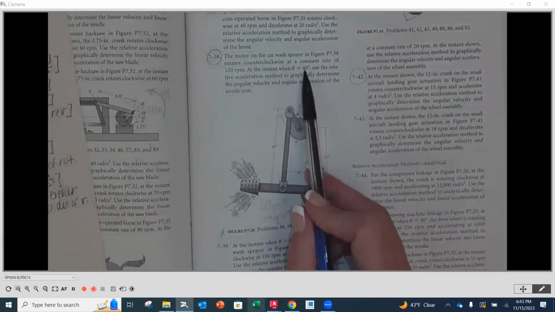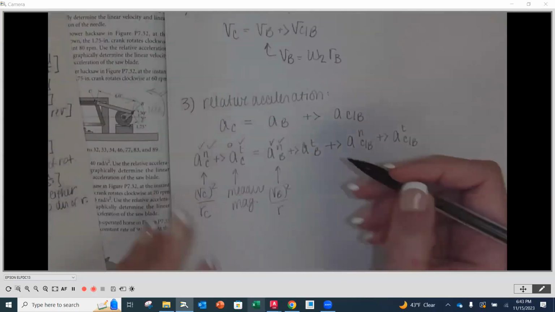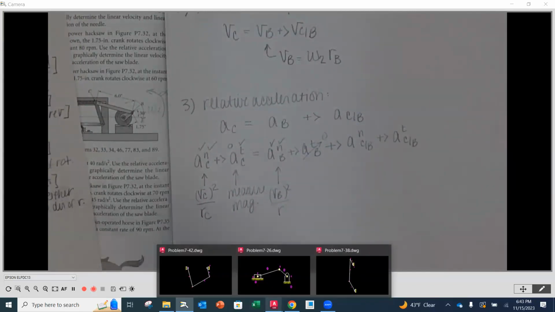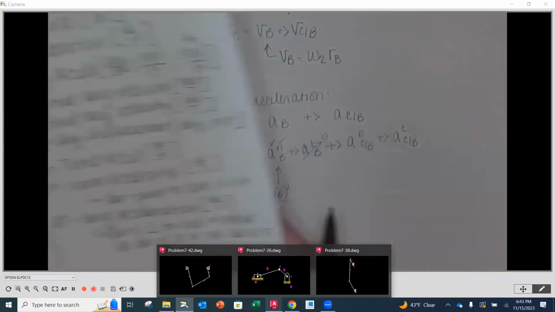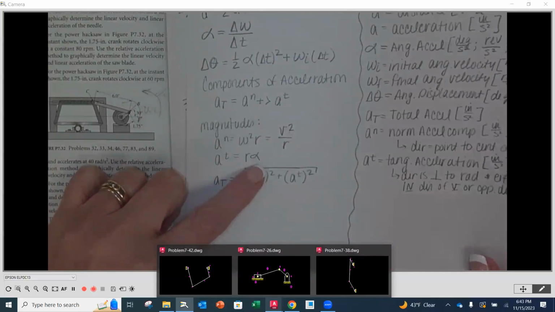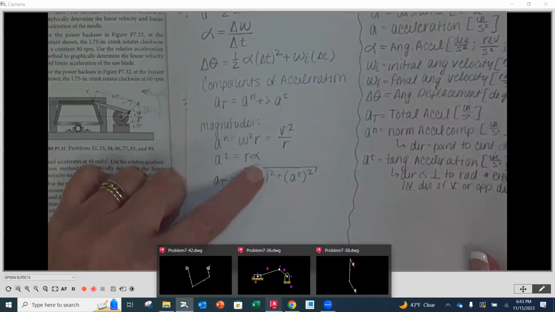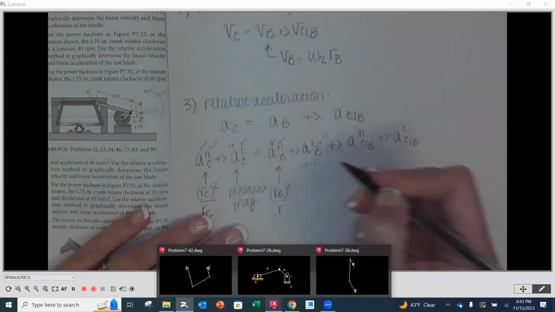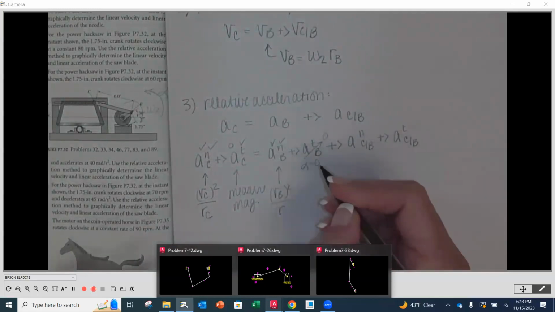So there isn't an angular acceleration on our crank. That means we're not going to have a tangential value, because the tangential value would be the radius of rotation times its angular acceleration, and the angular acceleration is 0 because it's going at a constant rate. So that one's going to be 0 because alpha 2 is equal to 0.